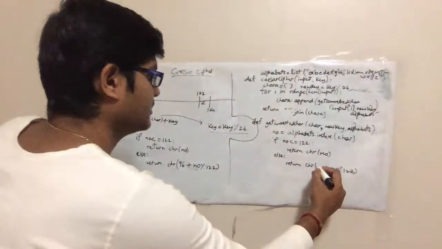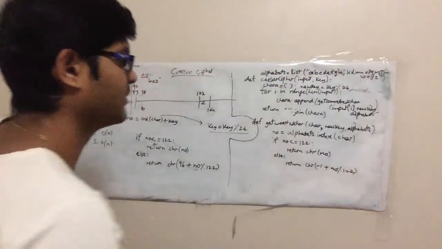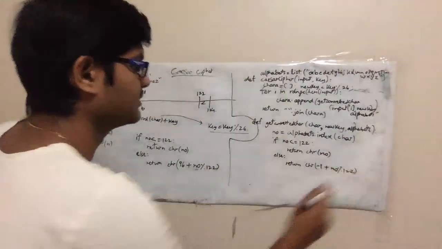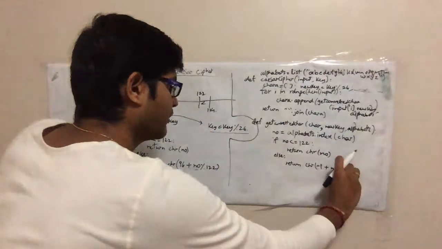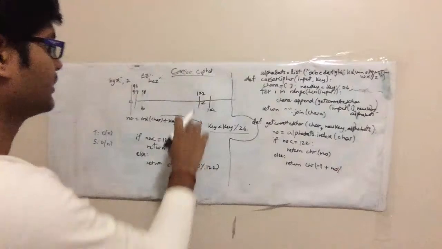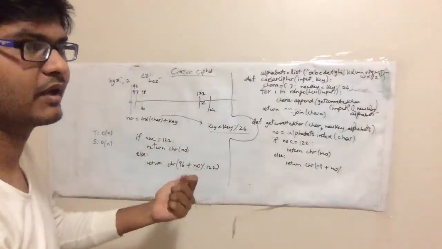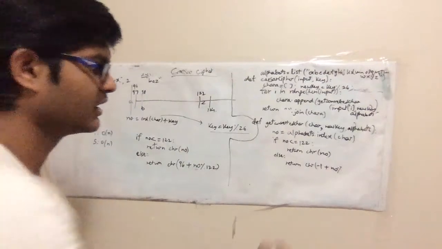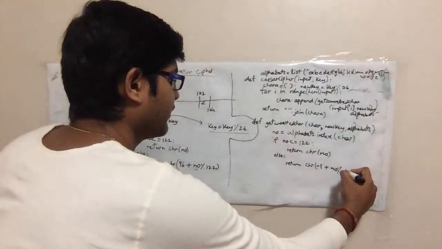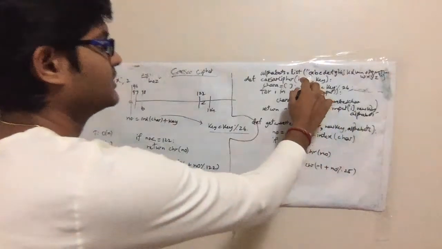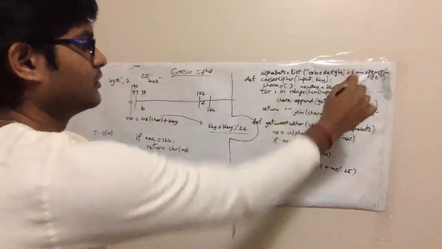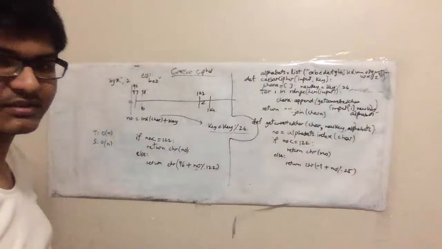So need to put -1, and this is not going to be 122 anymore. What is 122? 122 is the mapping for the z in the actual Unicode mappings, but here it needs to be 25. These indexes are from 0 to 25, so 26 characters.